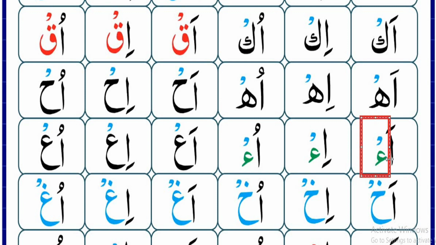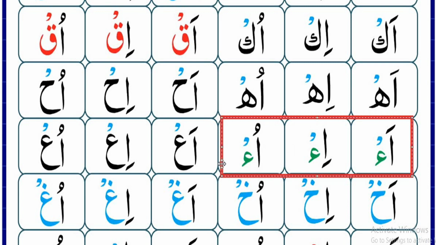You read hamza sakin with a sudden stop, a kind of hiccup sound. That's hamza fatha, a', and hamza kasra, i', and hamza dhamma, u'. This is how you read hamza sakin.